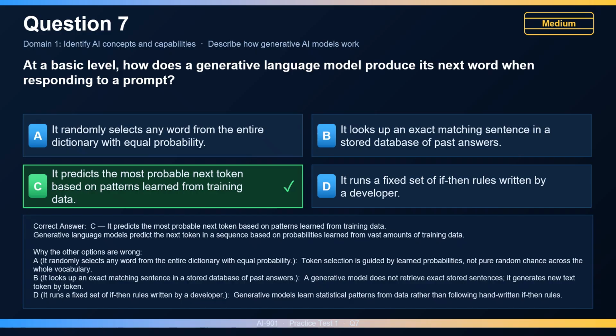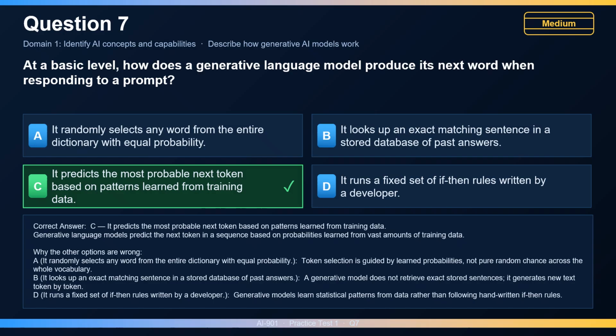Now, why the other options are wrong? It randomly selects any word from the entire dictionary with equal probability. Is incorrect. Token selection is guided by learned probabilities, not pure random chance across the whole vocabulary. It looks up an exact matching sentence in a stored database of past answers.